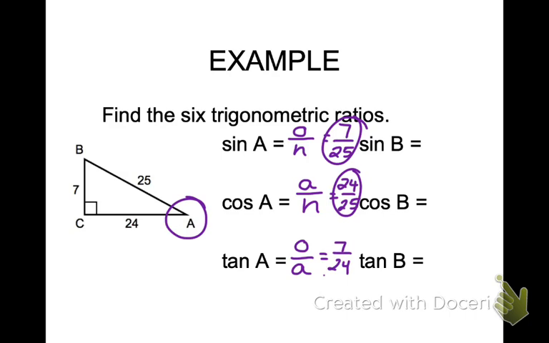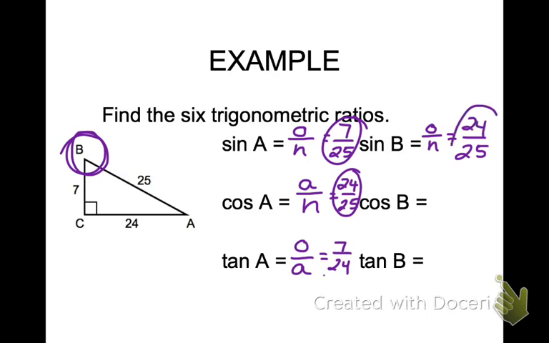So the only thing that's going to change over here is, instead of making my reference angle A, I'm going to change it to B. So now when I do the sine of B and do opposite over hypotenuse, does my hypotenuse change? Nope. So my denominator still stays 25, but now which leg is opposite of B? 24 over 25.